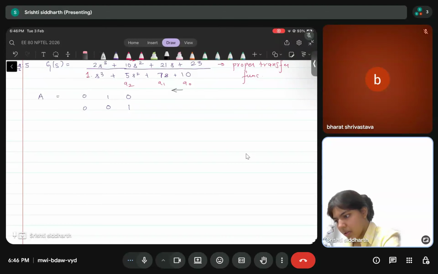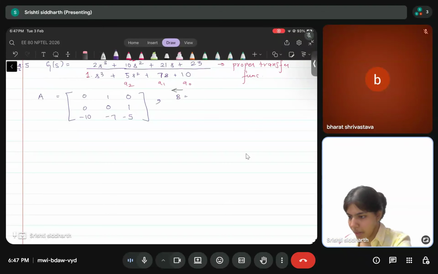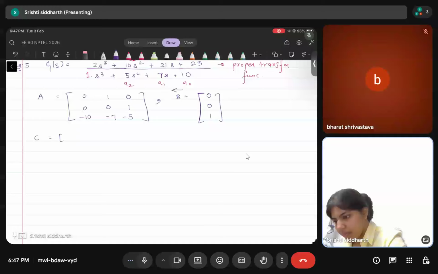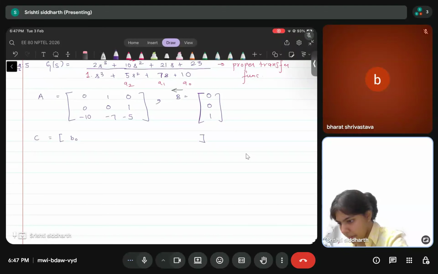Start from here. B is easy to remember, in the first companion form, it is simply 0, 0, 1. And now, since this is a proper transfer function, we have to calculate the entries of C. So this is A0, A1, A2.